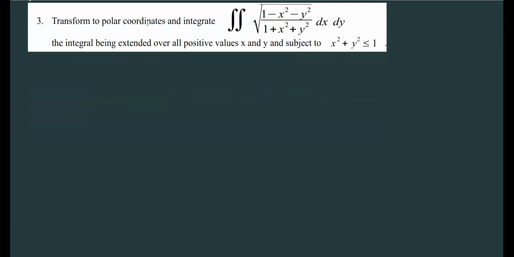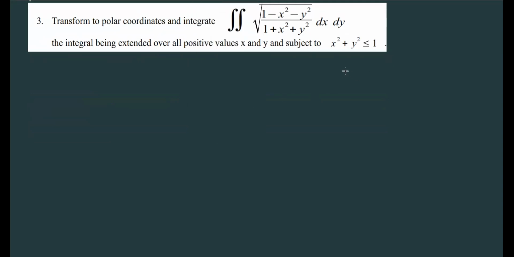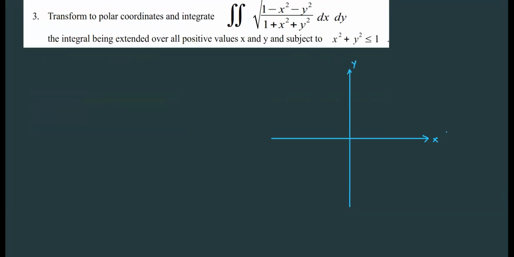This is a circle. So the region of integration is this.